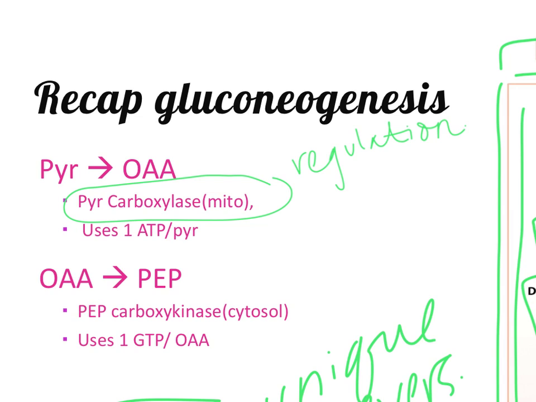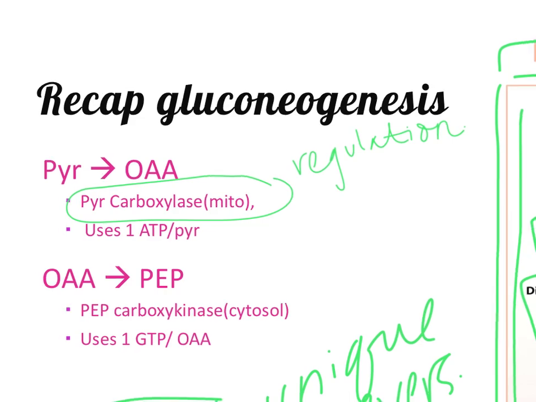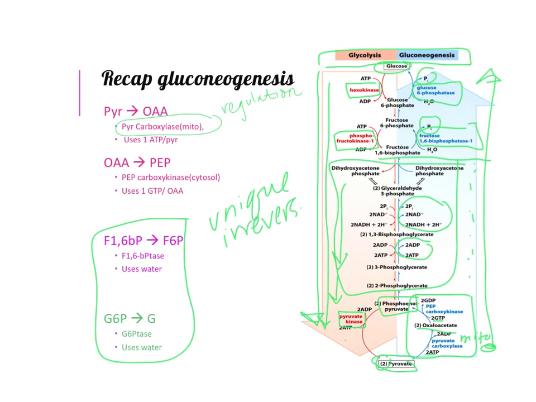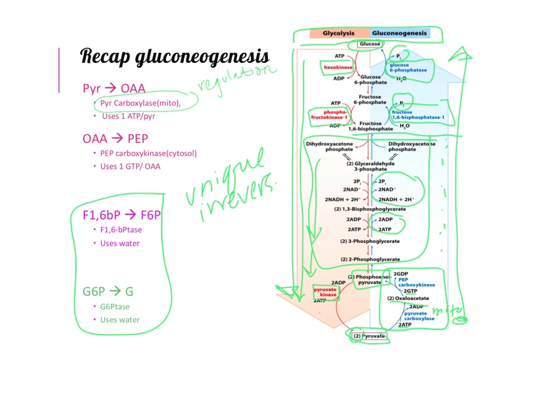If you put the 2 pathways in physically separate compartments, you're able to have better regulation of the 2 so that they don't happen at exactly the same time and place. You don't want glycolysis and gluconeogenesis on at the same time because that's called a futile cycle. It's just going around and around again, costing you a bunch of energy overall. So having one enzyme in a physically separate location from the rest is for regulatory purposes.